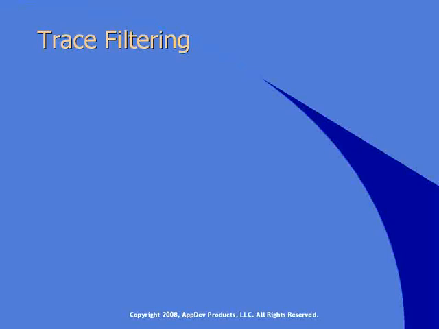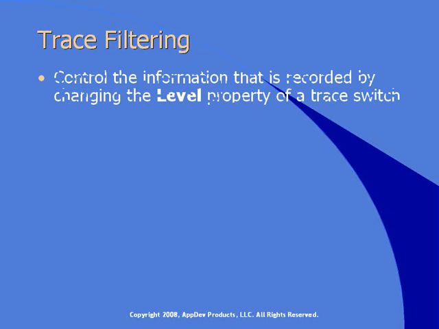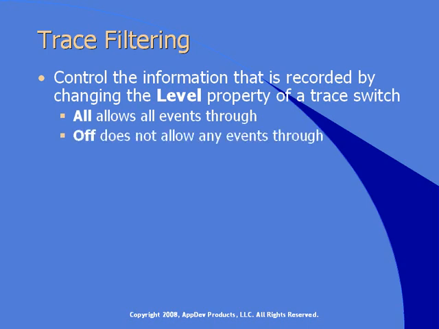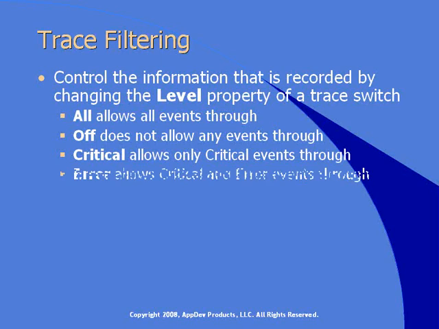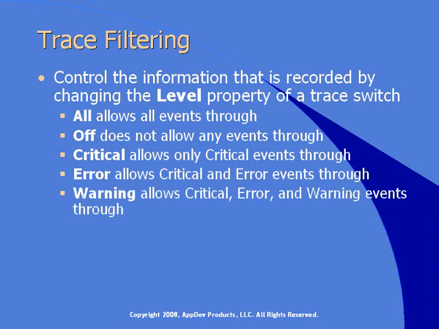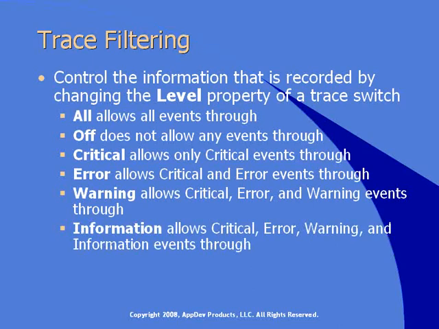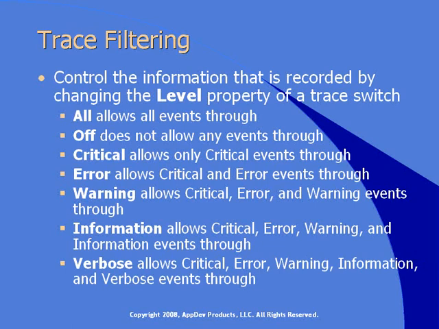And the last of the four pieces is trace filtering. You can control the information that's recorded by changing the level property of a trace switch. So if you set it to all, then all events go through. You can turn off event recording. You can decide you only want critical events, or critical and error events, or critical, error, and warning events, critical, error, warning, and information events, and finally critical, error, warning, information, and verbose events.